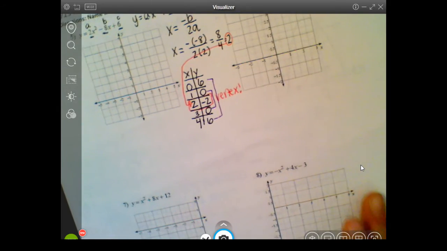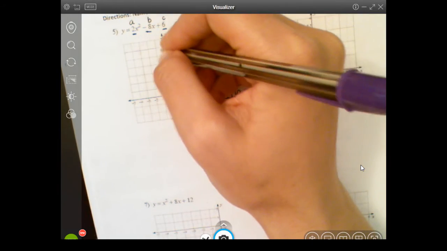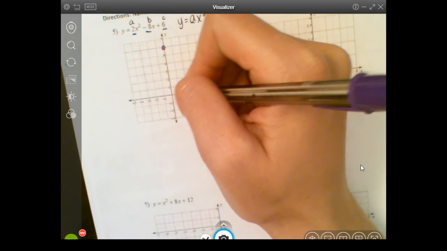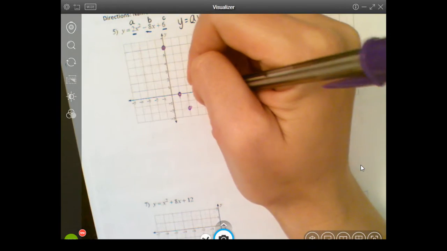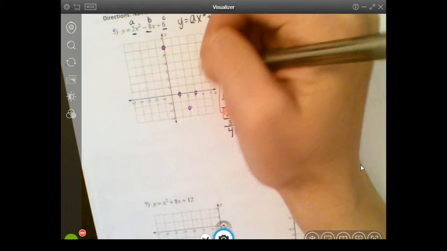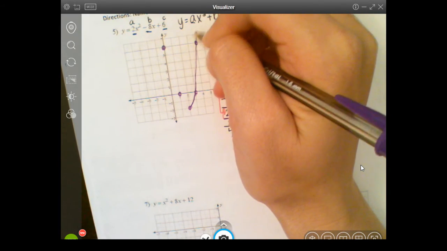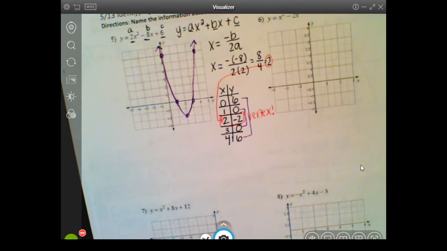So now I kind of just go and plot the points. Pretty simple. 0, 6, 1, 0, 2, -2, 3, 0, and 4, 6. And I would want to connect them. Now, I'm going to ask you some questions, the same questions that I asked previously.